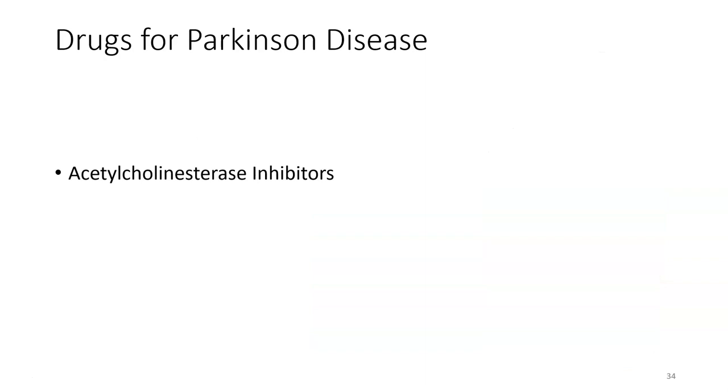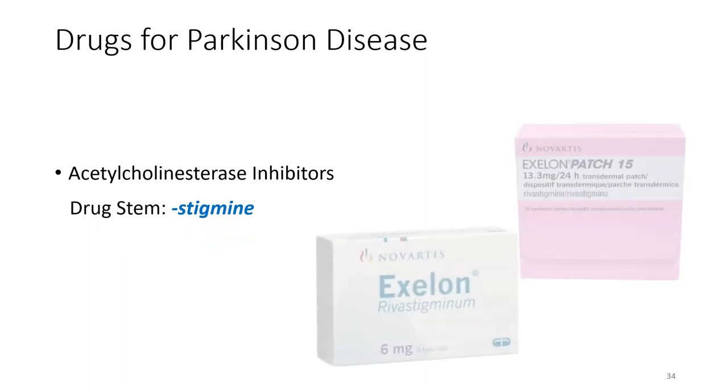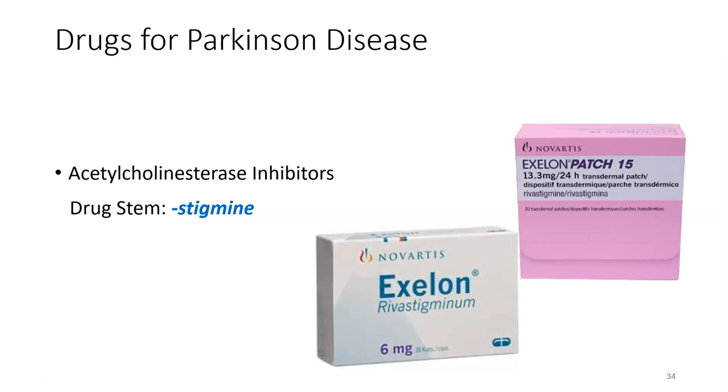And we also use acetylcholinesterase inhibitors. It kind of seems like it's a little bit backwards, but this is going to impact the tremors. Most often these are going to be used for Alzheimer's disease. And we've got the stem stigmine, and the drug is rivastigmine, again, Exelon.